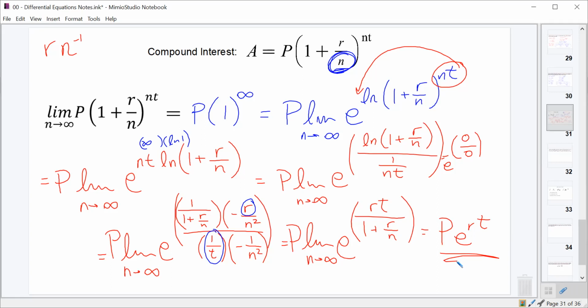And that's the PERT formula that I was talking about for continuously compounding interest. And this is where it comes from. It's just the limit as n approaches infinity of the regular compound interest formula. So we have A equals Pe to the rt.